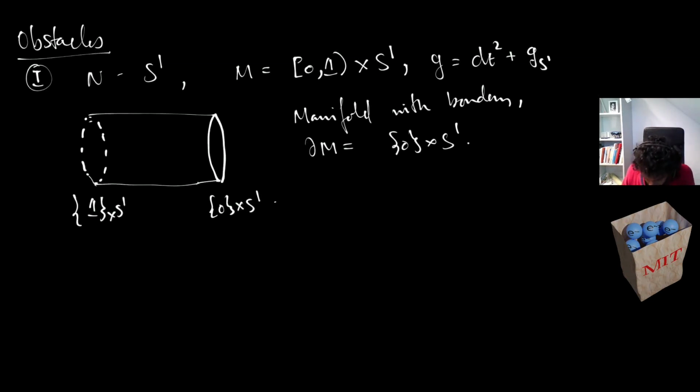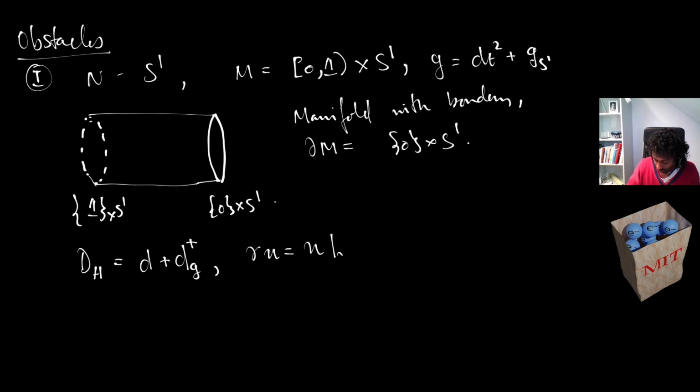Now let's just stick to first order because that makes it easier. So let's consider the Hodge Dirac operator, this is just d plus d dagger of g. Then gamma is just going to be the map u restricted to the boundary, as we wrote out before, because m is equal to 1 here, so m minus 1 is 0, and we only have the 0th contribution.